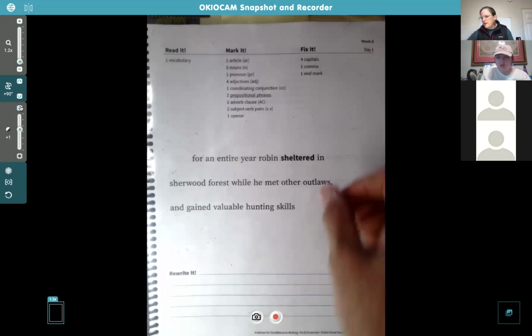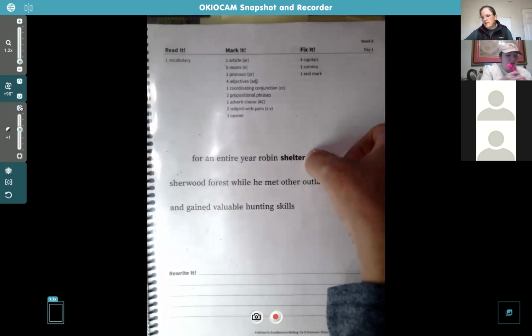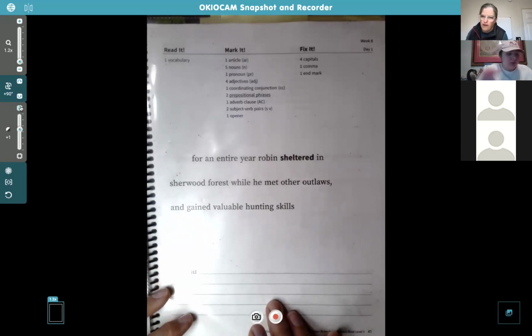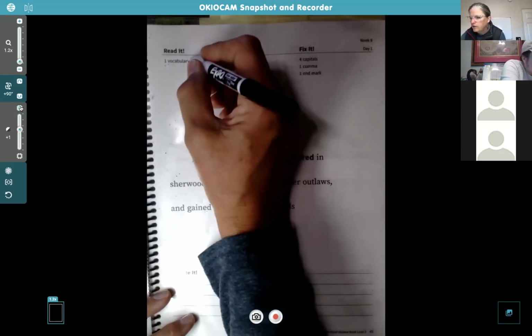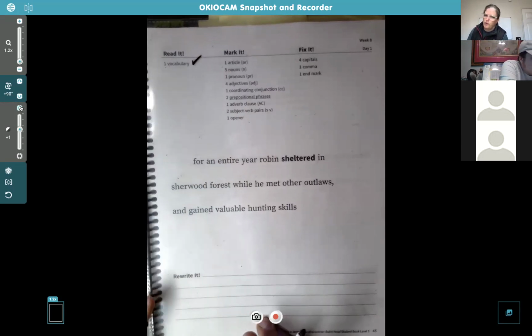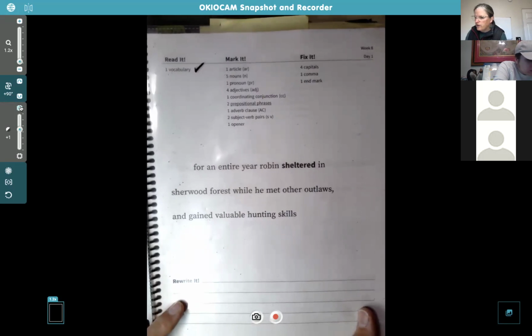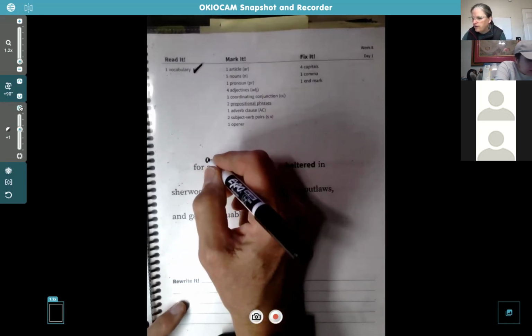And if I take off the ed, I see shelter. So as a verb, it would be to find shelter. If he's sheltered, that means he's hiding somewhere in a safe place or he's trying to find somewhere to hide, right? So check vocabulary. That will be a verb in this sentence. And then there's only one article. You can find that one by yourself.